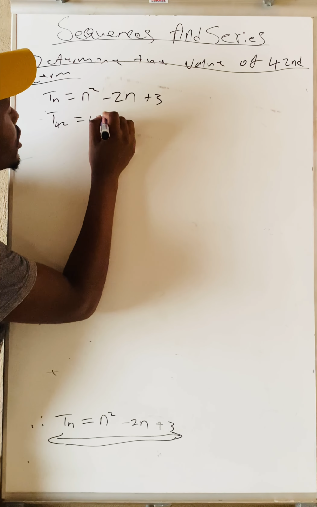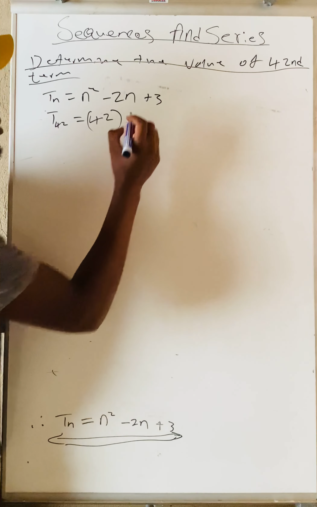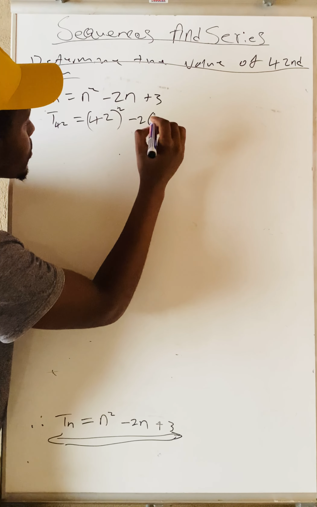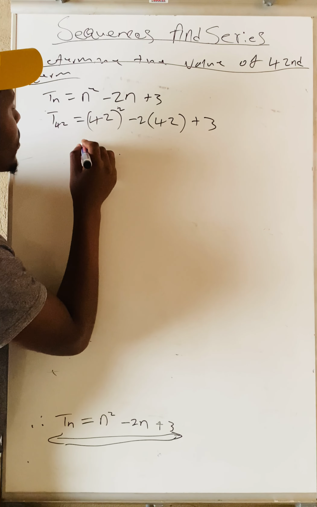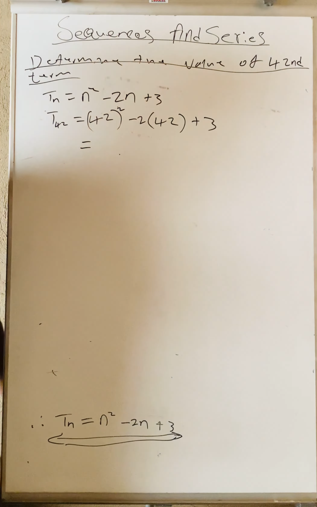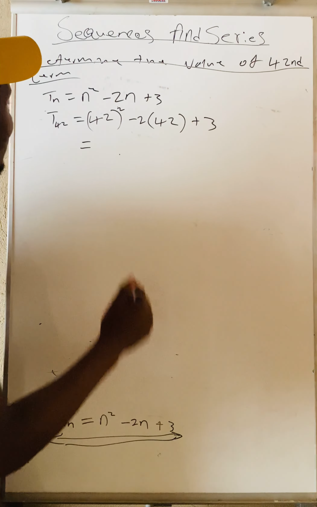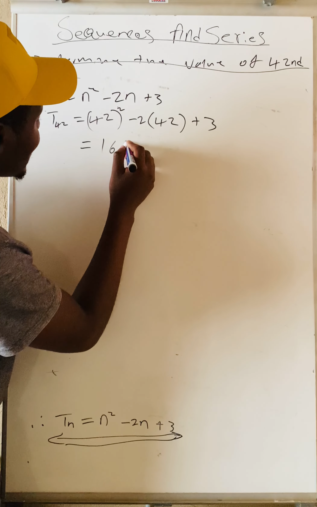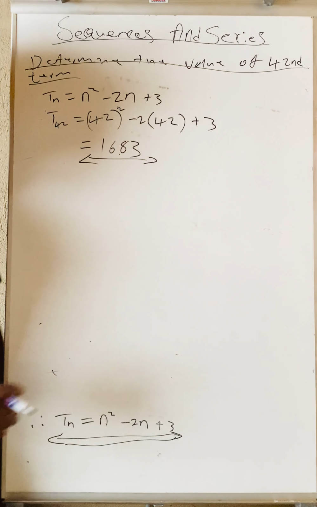When you substitute, you use the brackets, right? 42 squared minus 2 times 42 plus 3. Then from here, you just have to punch the calculator, right? You will get 1,683. Yeah, something like this.